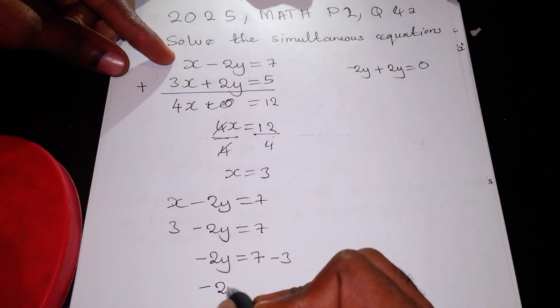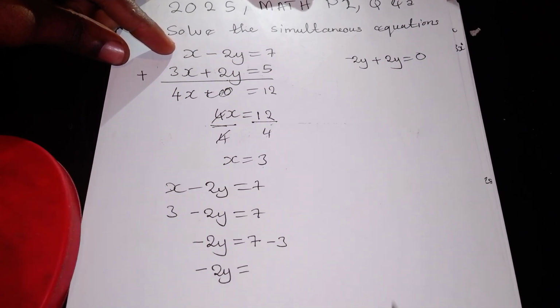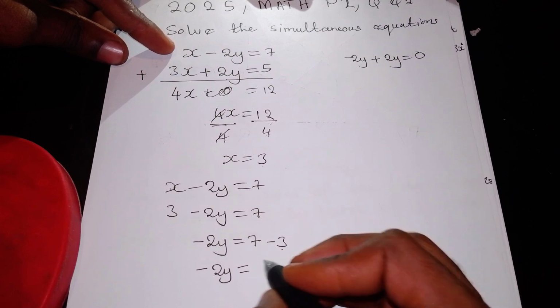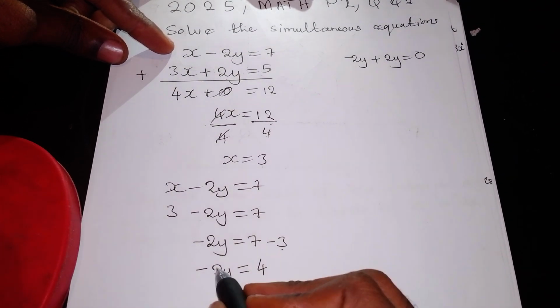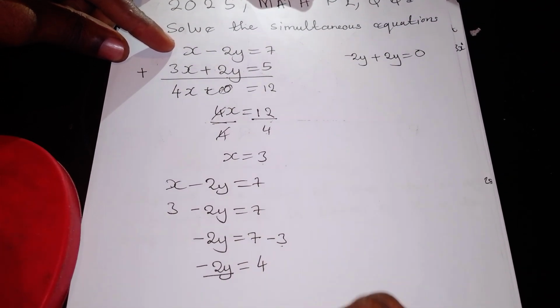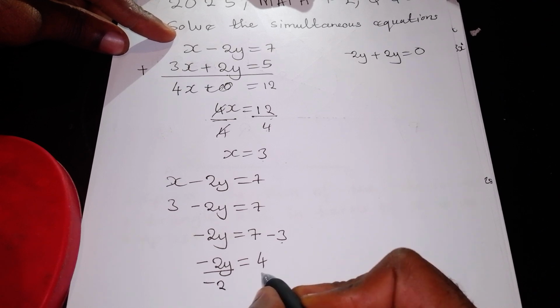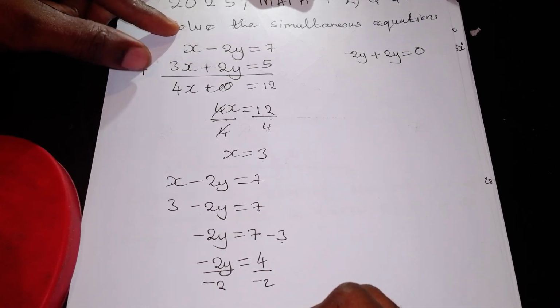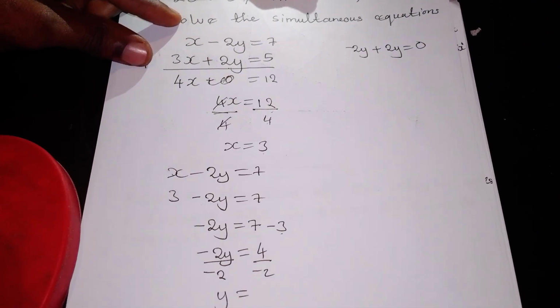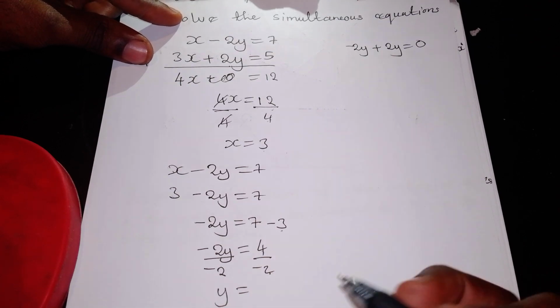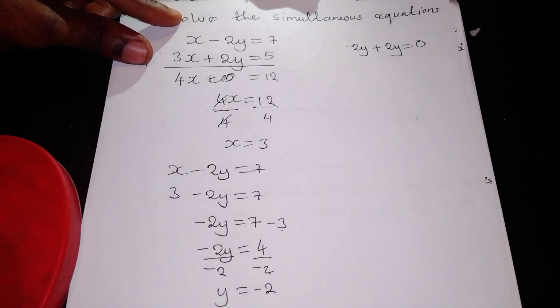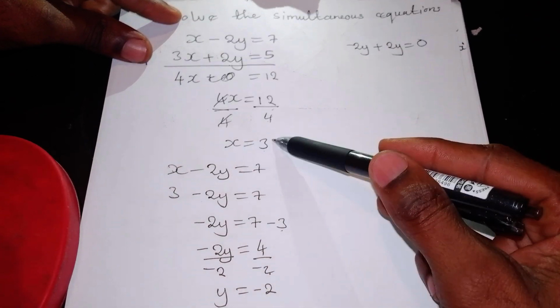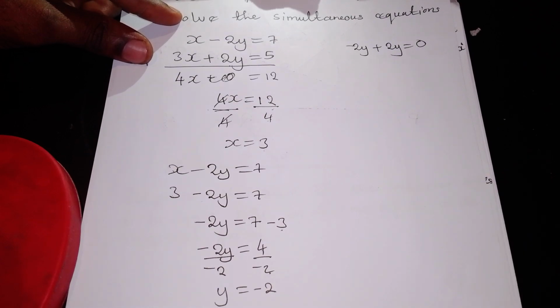And then we have negative 2y is equal to 7 minus 3, that's a 4. And then to solve for y, you can simply divide both sides by minus 2, so that your y is minus 2 into 4, that's minus 2. So your answers are x is 3 and y is minus 2.